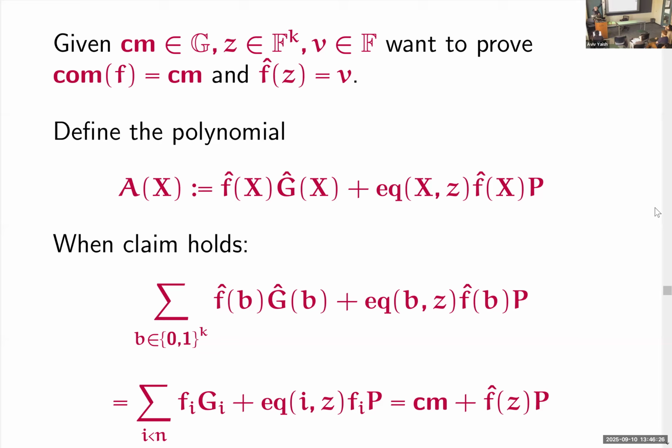Sorry, say the sum was Cm plus vP. Does that imply that Com(f) is Cm and f(z) is v?